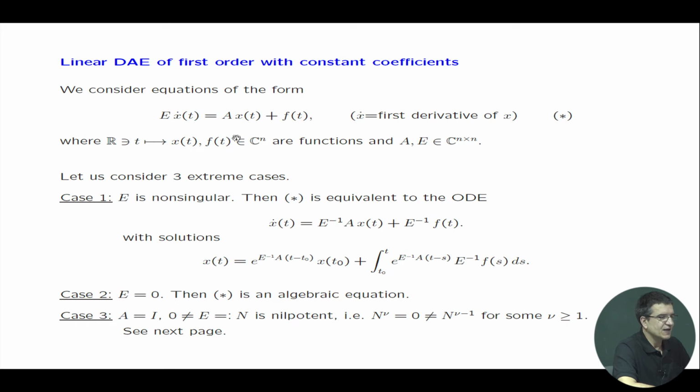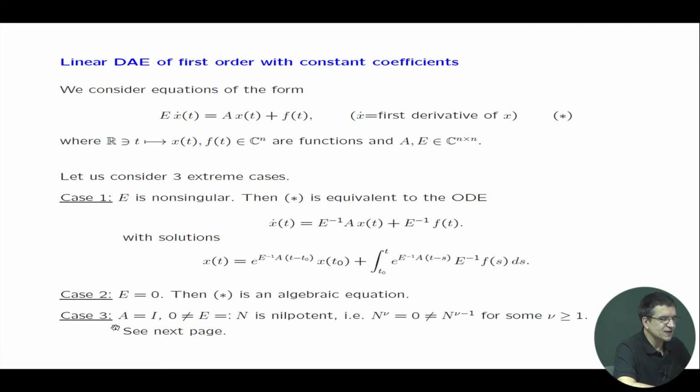Here's the equation again. Everything is simple if E is non-singular, since then we can multiply the matrix E inverse to the right-hand side and get an ordinary differential equation with the usual solution formula. If E is 0, then the equation is actually an algebraic equation.